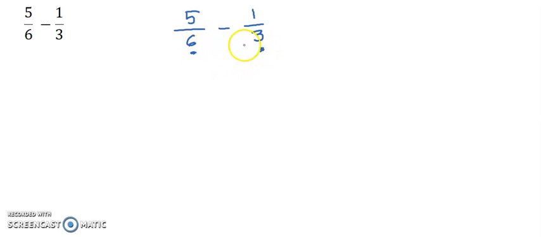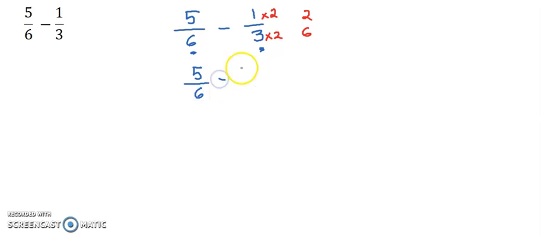So we have to make them be the same by changing 1/3 into an equivalent fraction that has a denominator of 6. And we can do that by multiplying the 3 by 2 and multiplying the numerator, which is 1, by 2. And that is going to give us 1 times 2 is 2, 3 times 2 is 6.